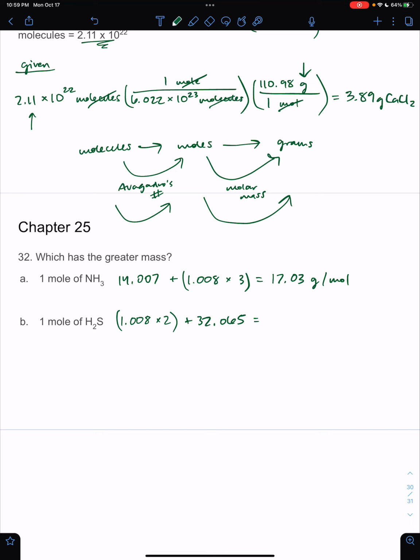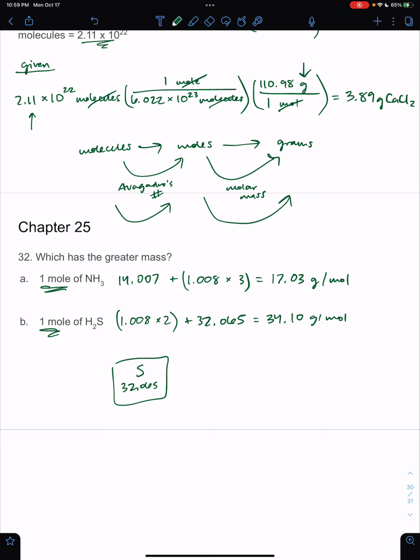And you can find those again on the periodic table, underneath the atomic symbol. Okay, so adding those together is going to equal 34.1 grams per mole.